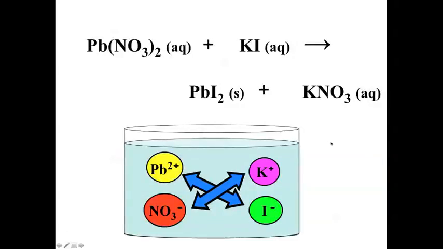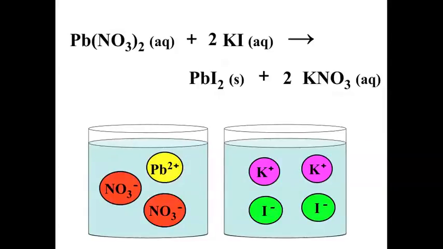And now we notice, of course, we need to balance. As before, you need a 2 in front of the potassium iodide and a 2 in front of the potassium nitrate.